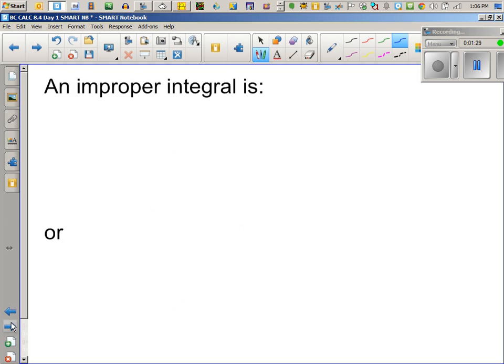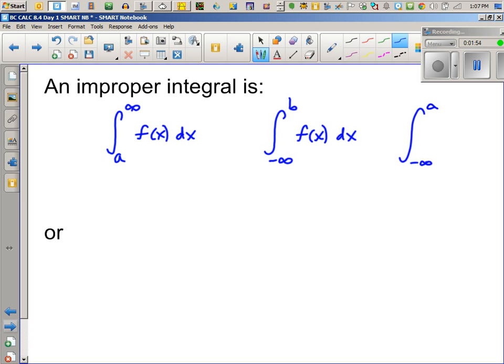All right. Now there's actually two kinds of improper integrals. The first one is any integral that looks like this, where there's a number here and an infinity here, or a negative infinity here and a number up here, or one of each.